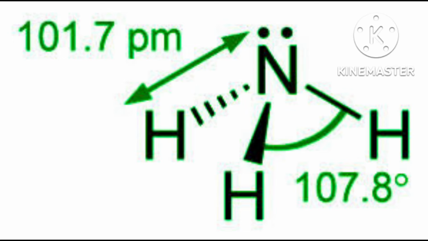Had there been a bond pair in place of the lone pair, the shape would have been tetrahedral. But one lone pair is present, and due to the repulsion between lone pair and bond pair, which is more than bond pair repulsion, the angle between bond pairs is reduced to 107 degree from 109.5 degree.